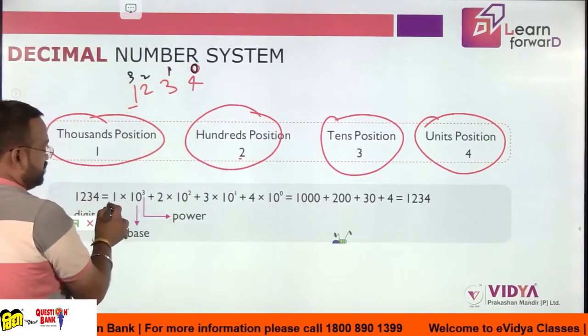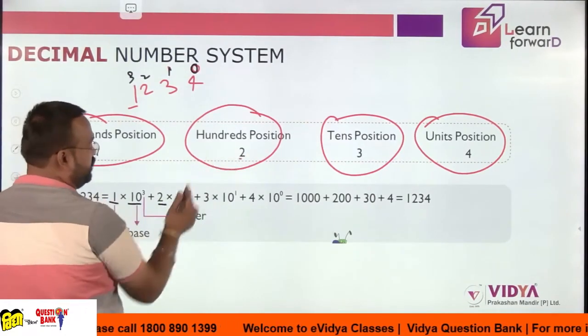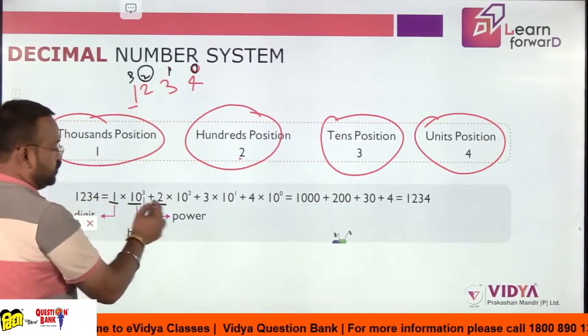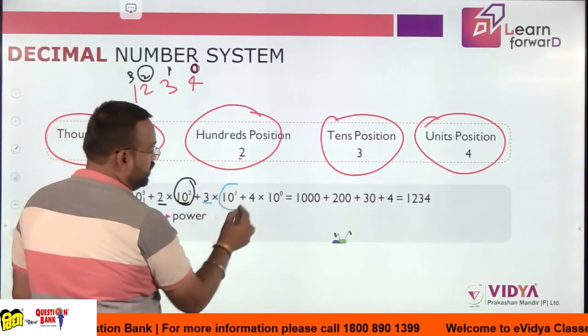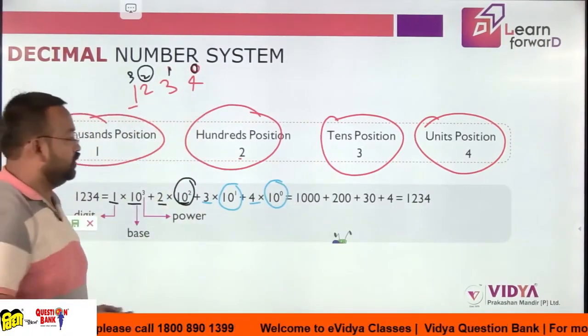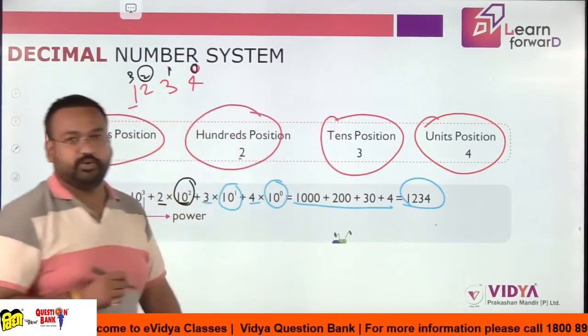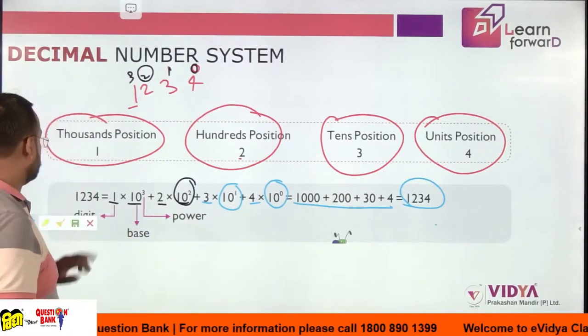So we did 1 into 10 to the power 3, then 2, which is on the second position, sorry, the third position, so 2 into 10 to the power 2, and 3 into 10 to the power 1 and then 4 into 10 to the power 0, and finally we get this number. So this is how your decimal number system works.